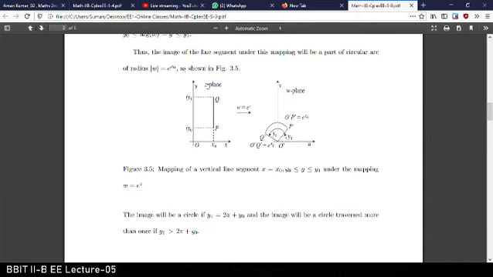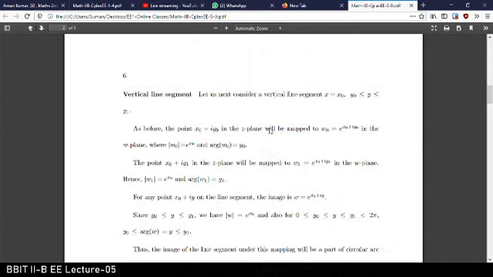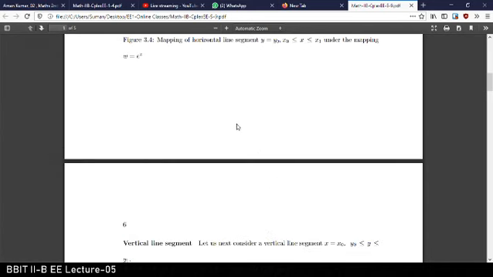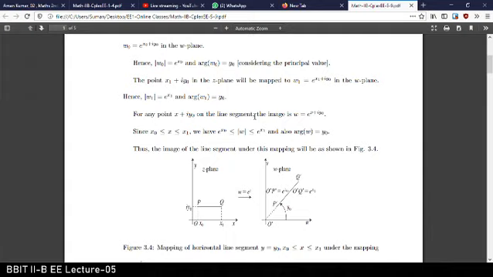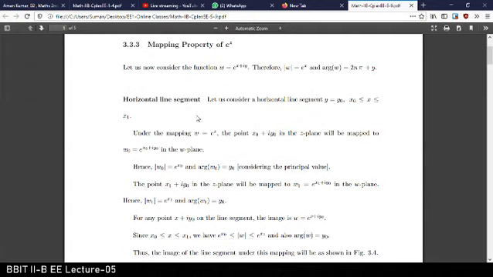If it is more than 2 pi, it will complete one rotation and then move again. It may move twice, thrice, depending on the difference between y0 and y1. Clear?